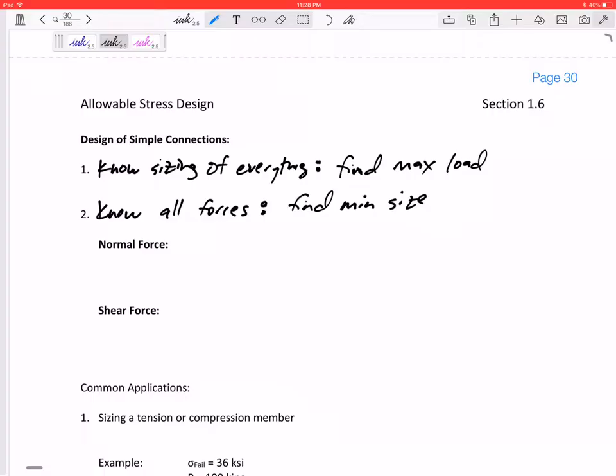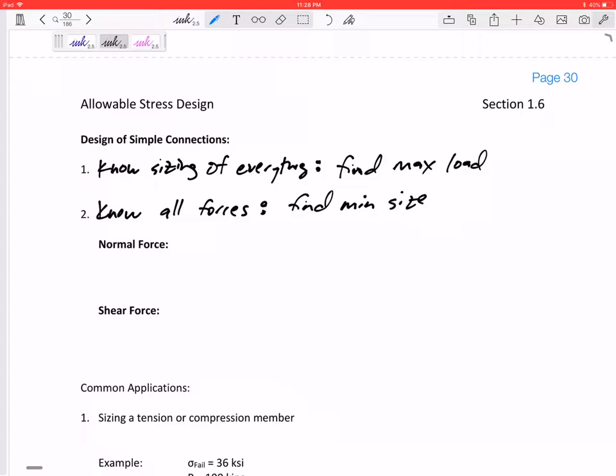What's the smallest pin that I can get? What's the smallest diameter of a cable so that it doesn't exceed the failure stress and the factor of safety, so that it doesn't exceed the allowable stress?